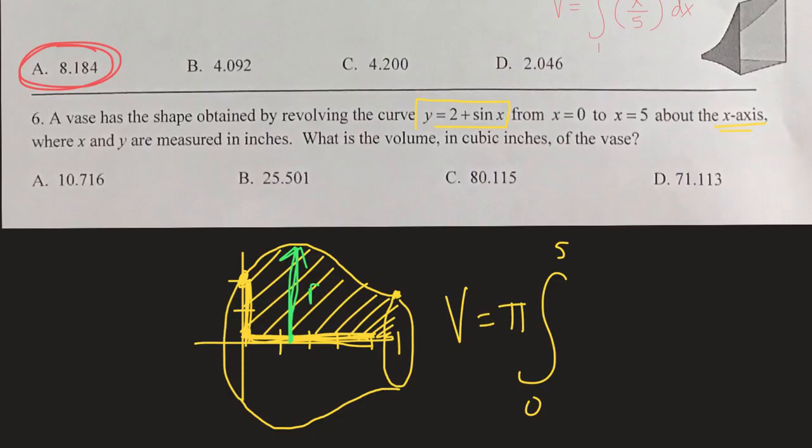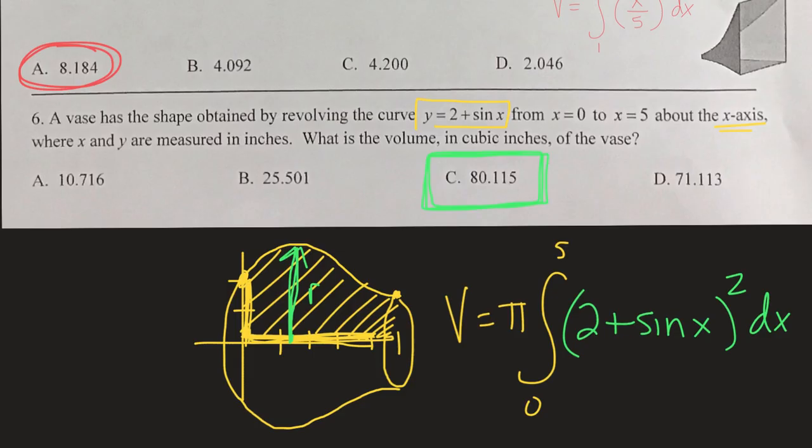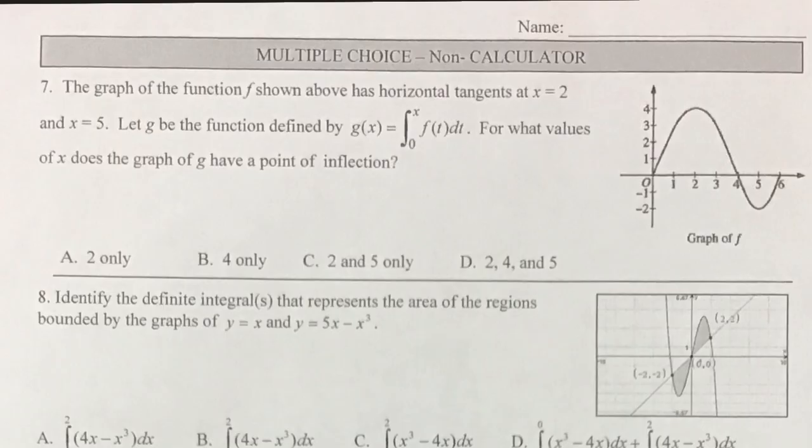And the y value comes from our function. 2 plus sine x squared, pi r squared dx. And the answer comes out to be C, 80.115 cubic inches.